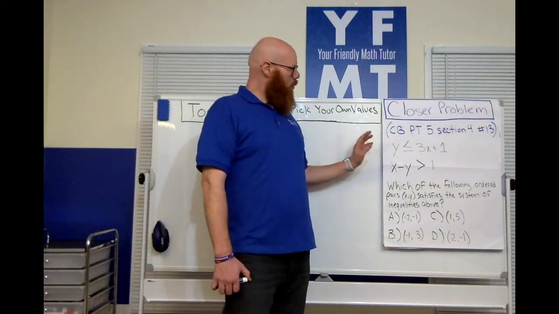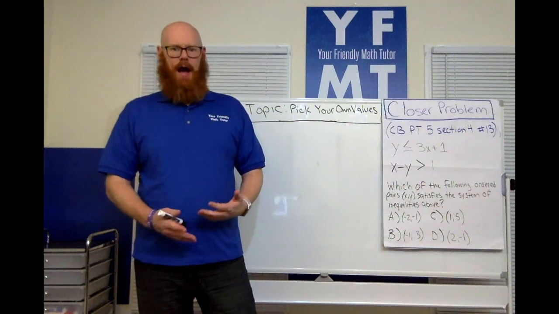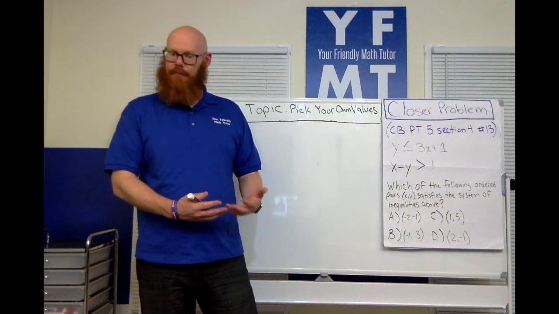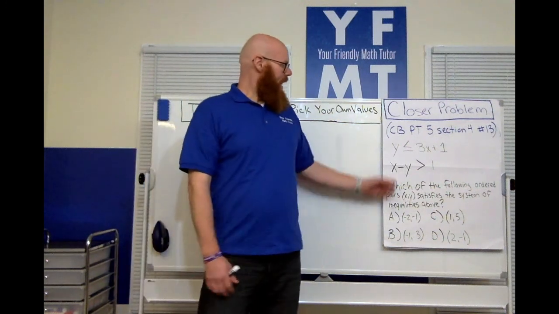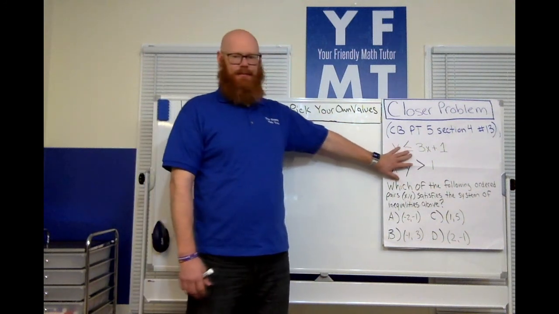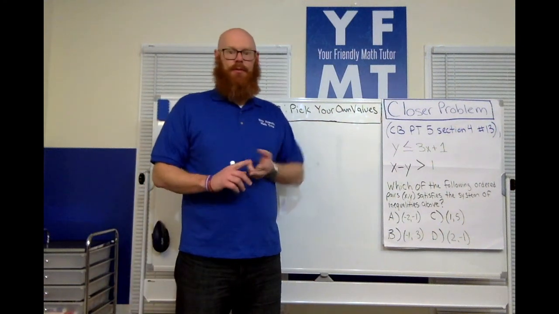Now, we're not going to actually do the school way, but let's just talk about how annoying, for lack of a better word, it would be. If we were to graph a system of inequalities, in school we would need some graph paper and a ruler.